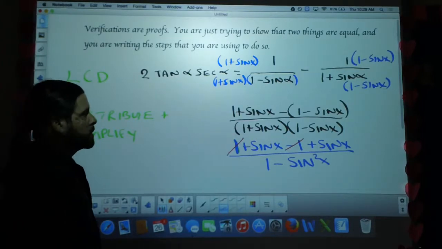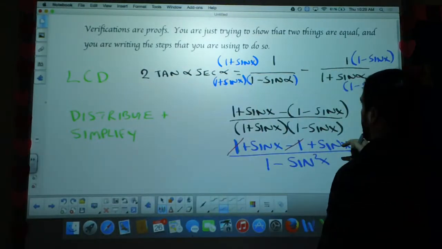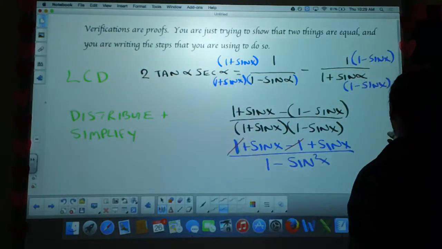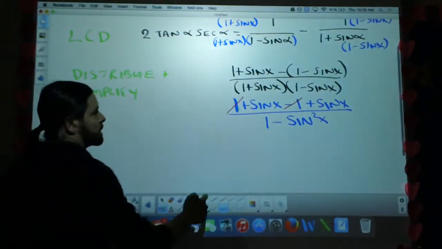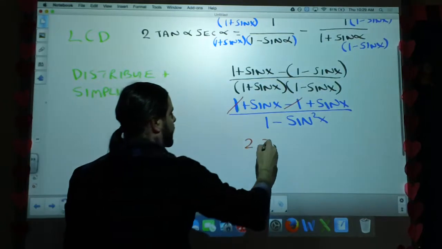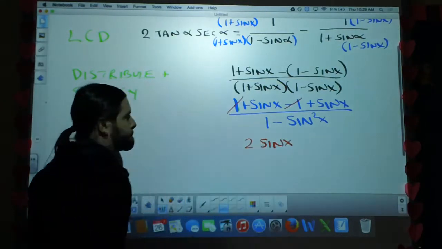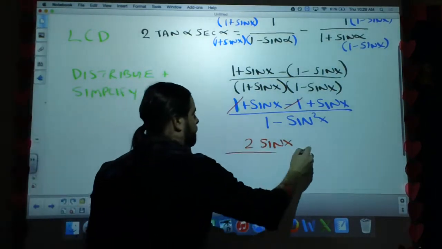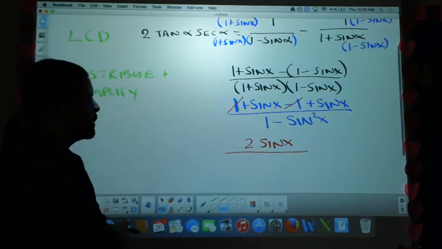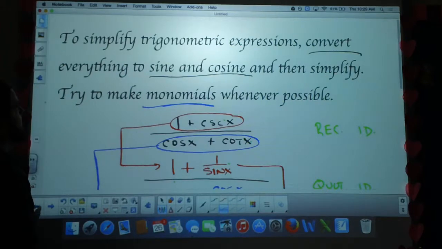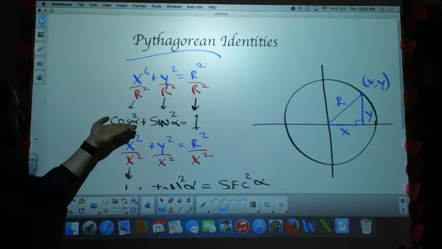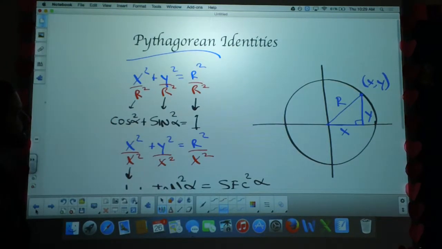Okay. So, what do I have so far? I'm trying to make this into that. I'm going to need a 2 at some point. Luckily, I think I have one, because sine x and sine x is 2 sine x. But also, using a Pythagorean identity, if I go to the Pythagorean identities for a second, cosine squared plus sine squared equals 1.